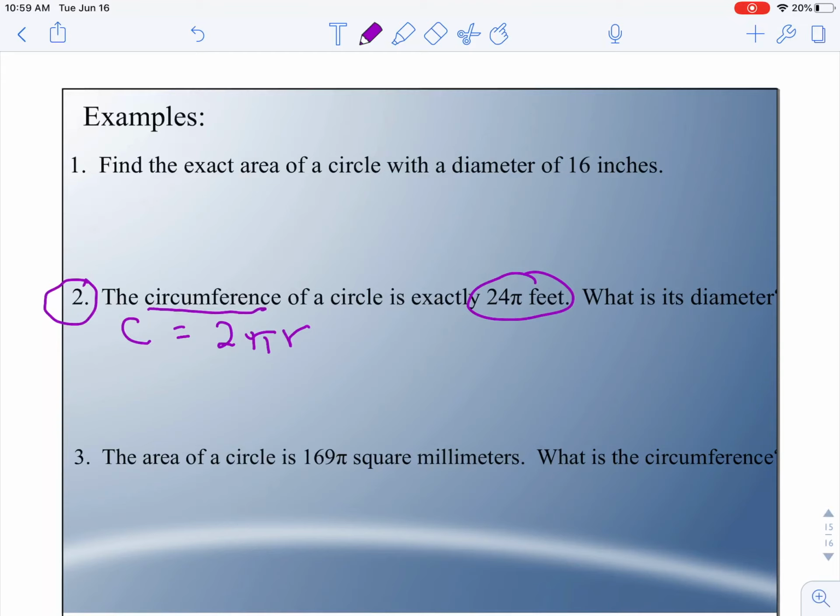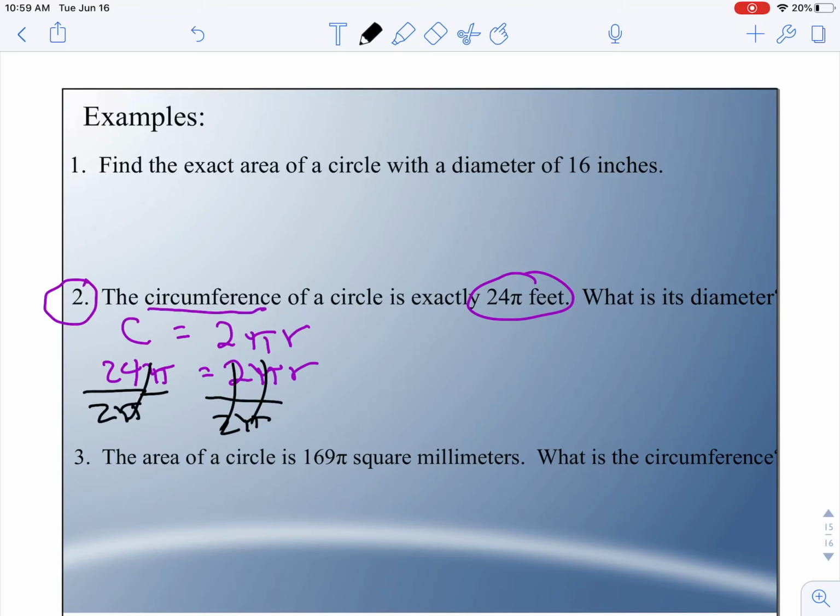So now I plug in my circumference. So 24 pi is equal to 2 pi r. So what I'm going to do here is divide by 2 and pi at the same time.